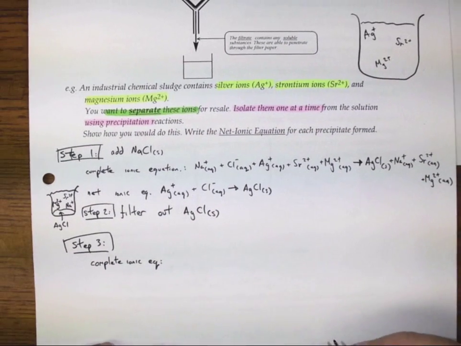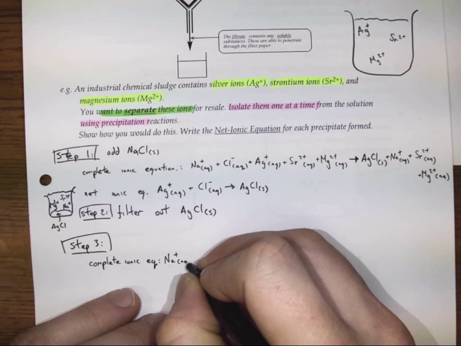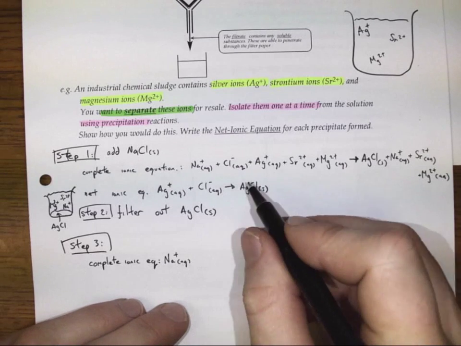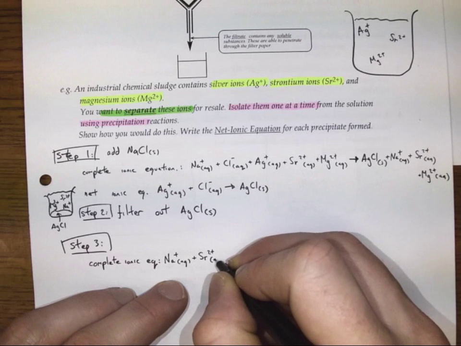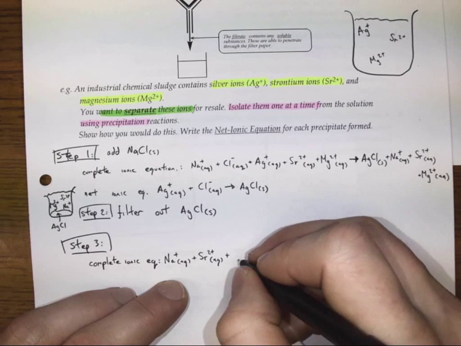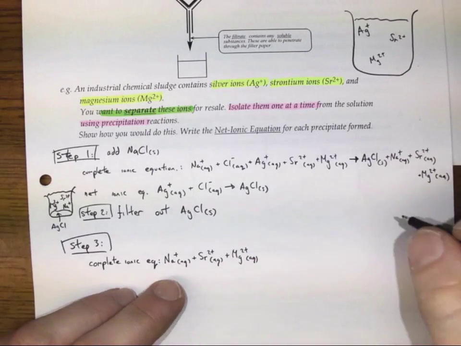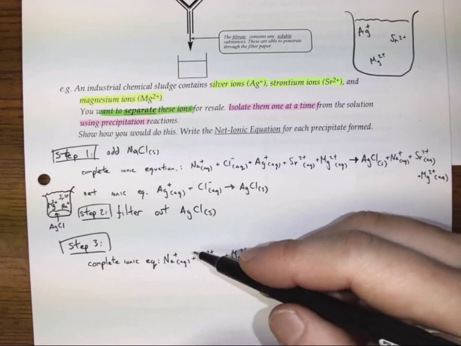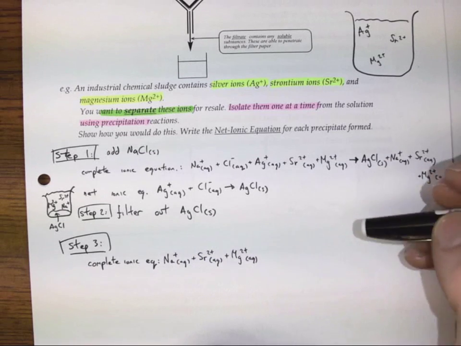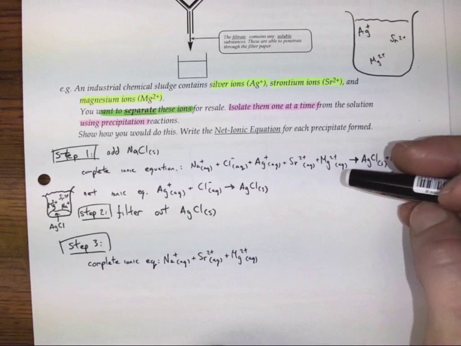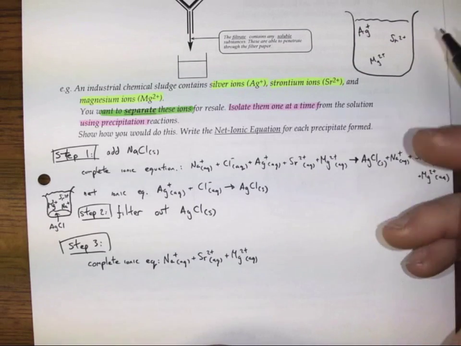We haven't even added anything yet, but I know that I have sodium ions, some strontium ions, and magnesium ions. The sodium is not really going to go anywhere, so I'm going to ignore the fact that I've got sodium in there. But I want to get out the strontium and I want to get out the magnesium.